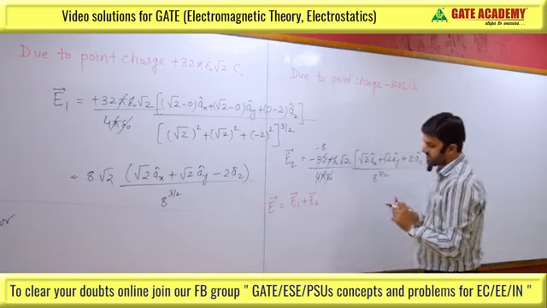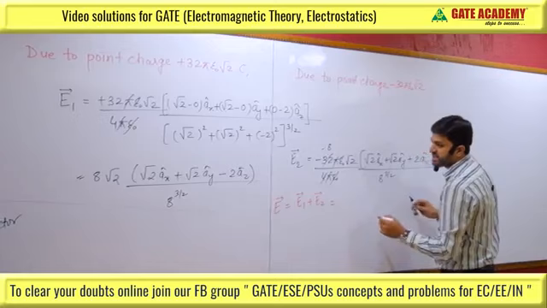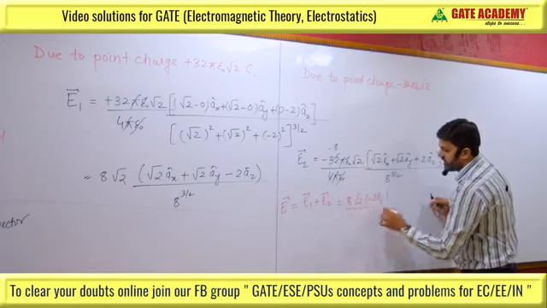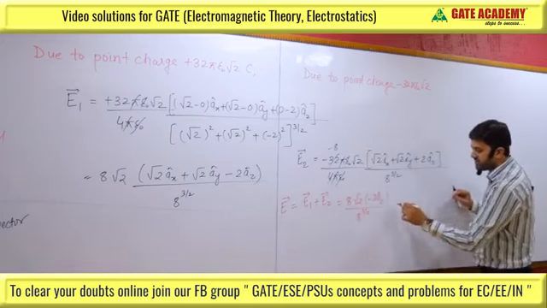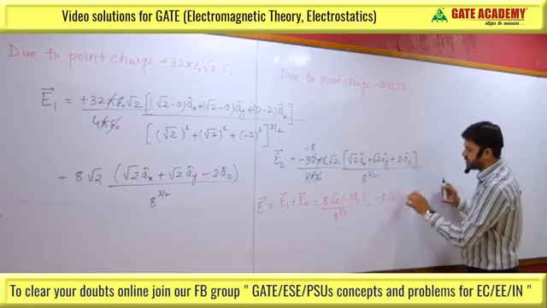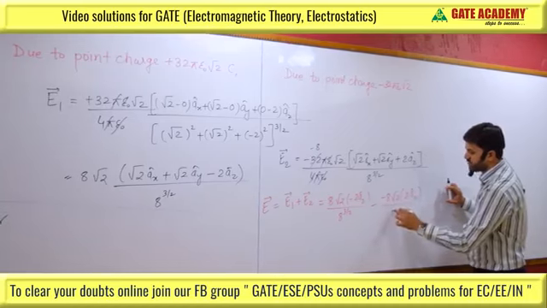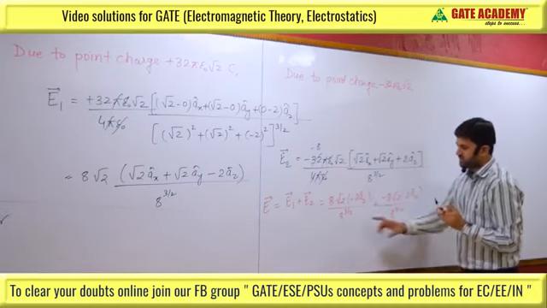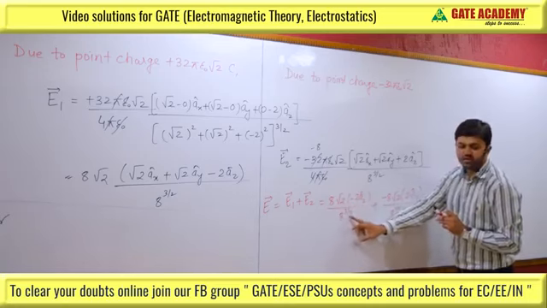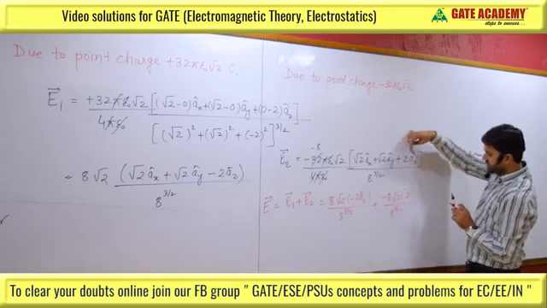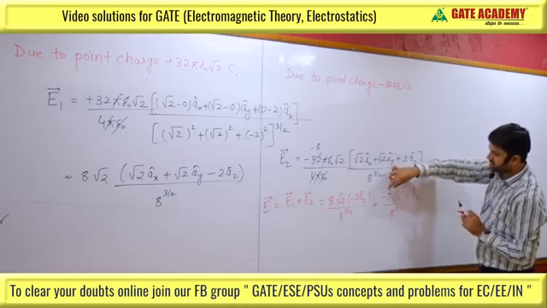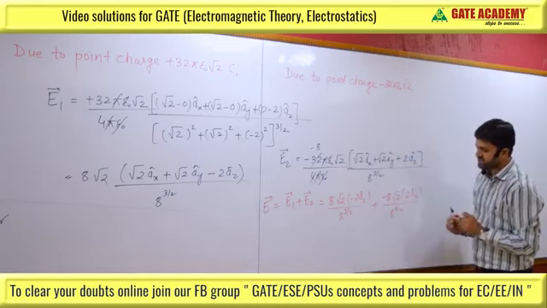also with negative amplitude. So we can write it as 8 root 2 minus 2 az divided by 8 to the power 3 by 2. From E1 we will get this, and from E2 also we will get 8 into root 2 and 2 az divided by 8 to the power 3 by 2, and this will be plus. E1 is 8 root 2 minus 2 az divided by 8 to the power 3 by 2, plus here this minus sign, minus 8 root 2 2az, and the denominator is the same.